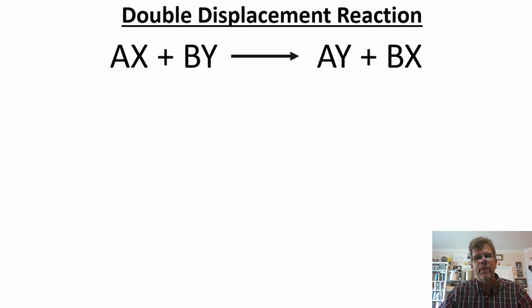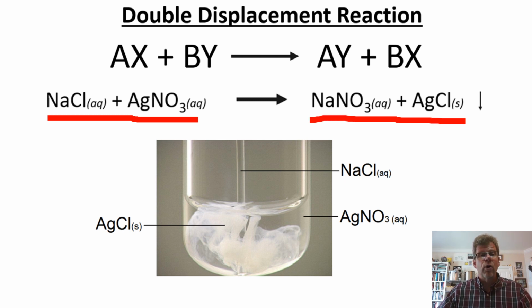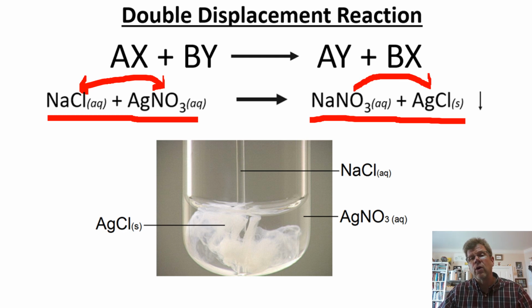So therefore, it is an example of a double displacement reaction. An example, NaCl plus AgNO3. So here is our reactant profile. Let's look at the product profile. Well, the chlorine and the nitrate swap. Nitrate goes to sodium, and chlorine goes to silver. Two things displace, a double displacement reaction.